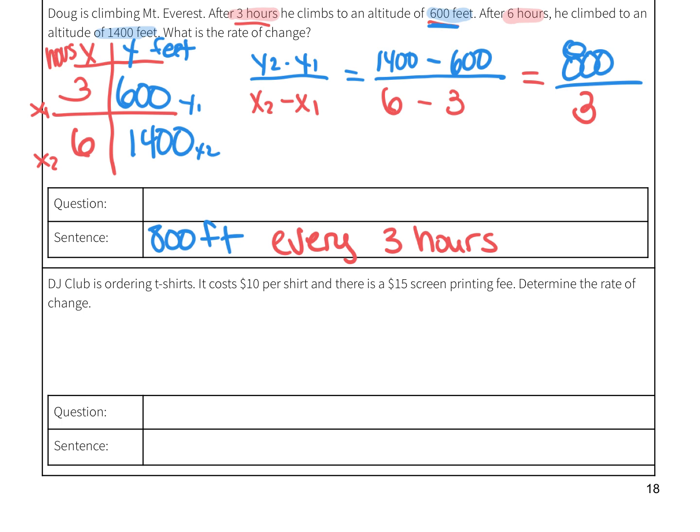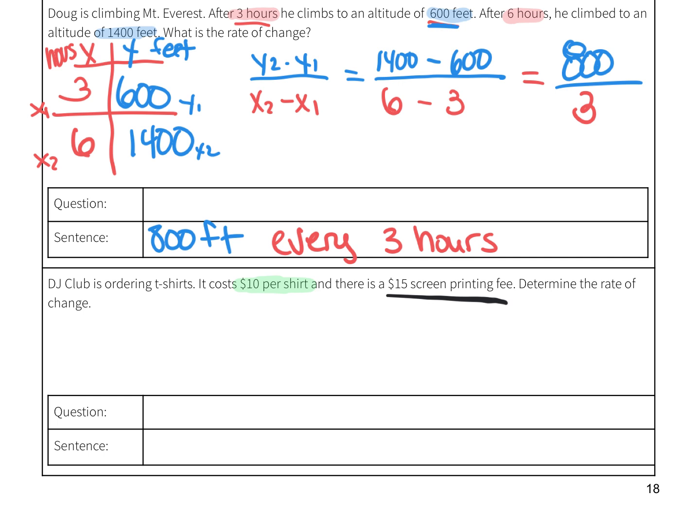Per, remember, is a key word for slope. $10 per shirt, and there's a $15 screen printing fee. This fee right here is only happening one time. It has nothing to do with the rate of change or slope.